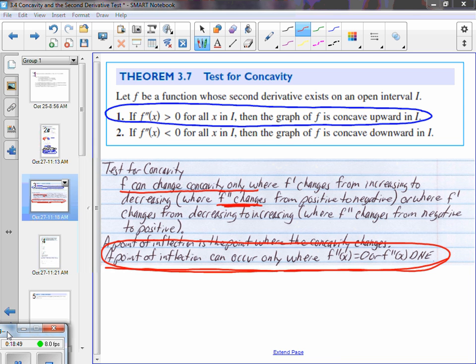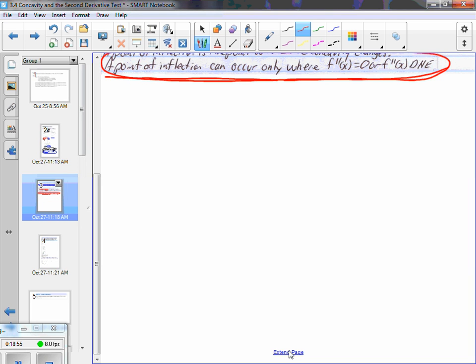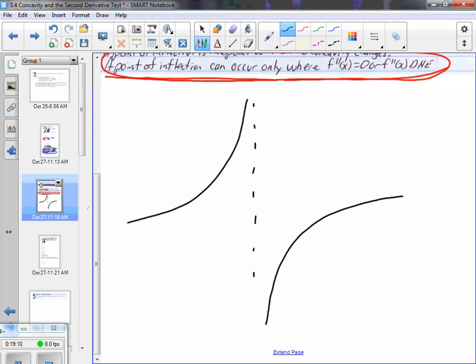Okay? Now, we call them points of inflection. Sometimes they're not actually points. For instance, if I had a vertical asymptote here, that would be concave up. That would be concave down. And let's say that vertical line is x equals 1.